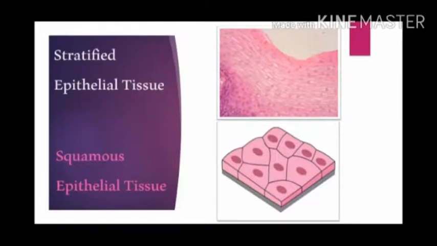It forms delicate and irregular boundaries that fit closely into the neighboring cells. So, it is also known as pavement epithelial tissue.